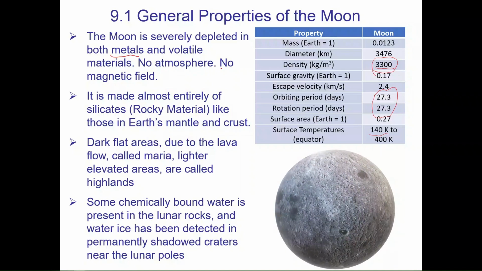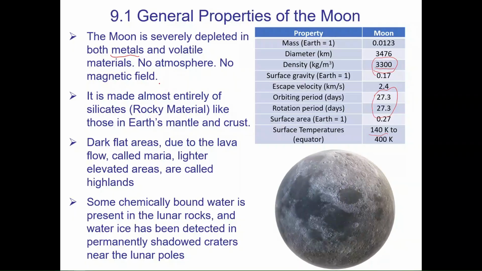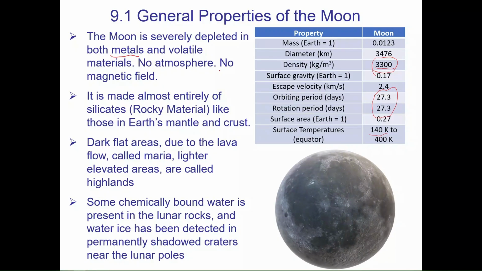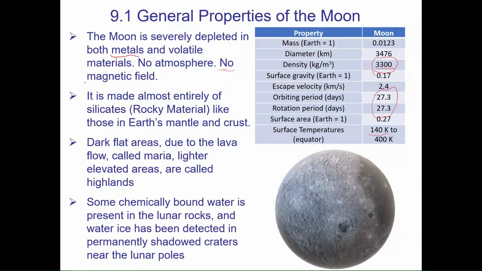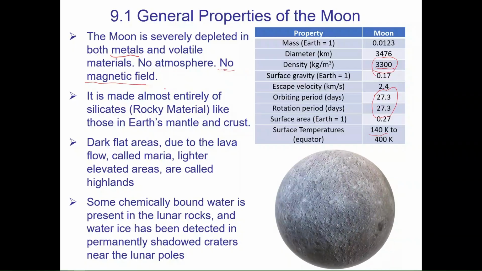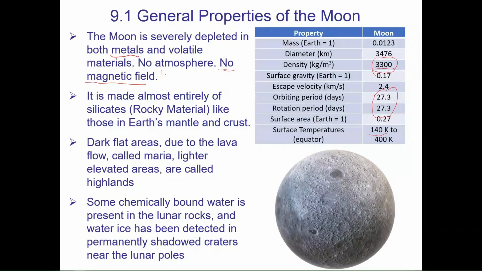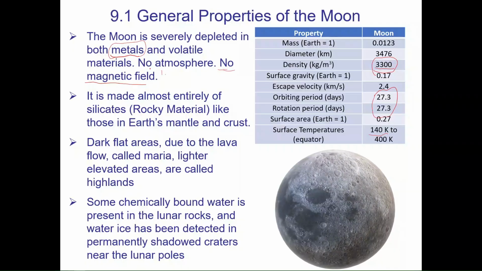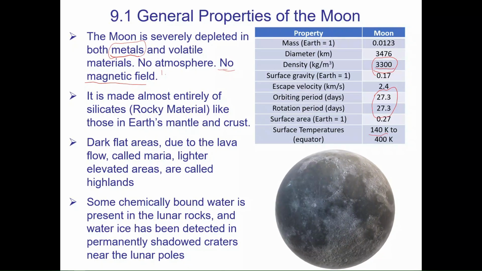Also, when you look at the moon, there's no magnetic field. If you still remember, when we talked about the Earth, the two necessary requirements for an object to have a magnetic field are, first, it has to have what we call a liquid molten metal core, which is where the free charge or electrons come from.